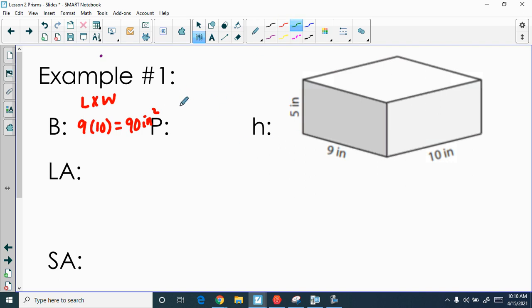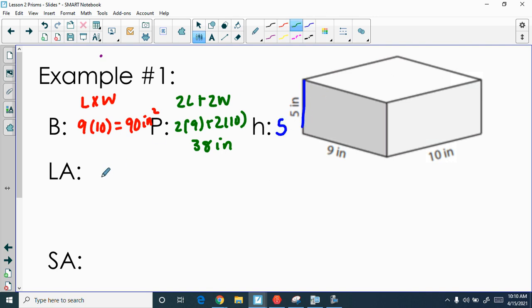And remember, we get perimeter 2 times the length plus 2 times the width. So 2 times 9 plus 2 times 10 gives us 18 plus 20, or 38 inches. And then our height is the piece that is vertical, or 5.